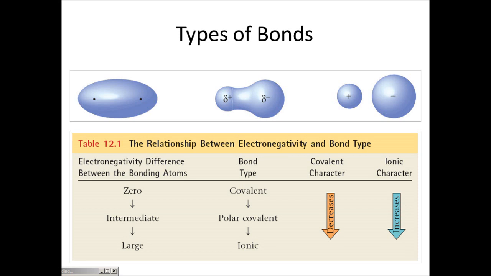A metal and a non-metal is going to be ionic in character. That's a huge electronegativity difference. The metal is very not electronegative, it's electropositive if you want to call it that, and the non-metal is much more electronegative. So that's going to give us an ionic bond.